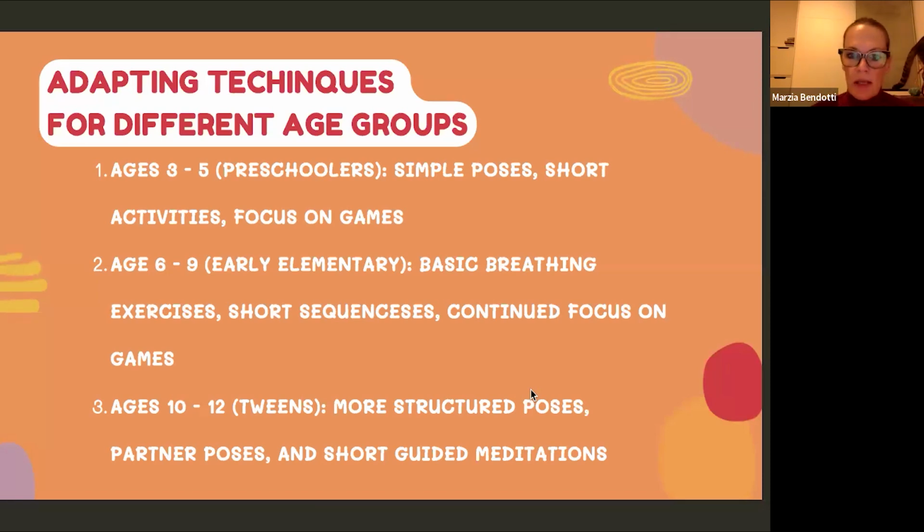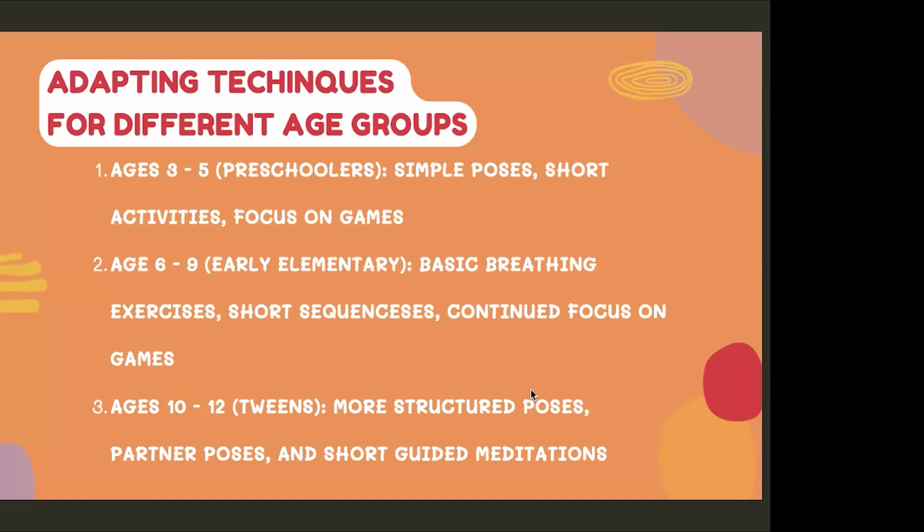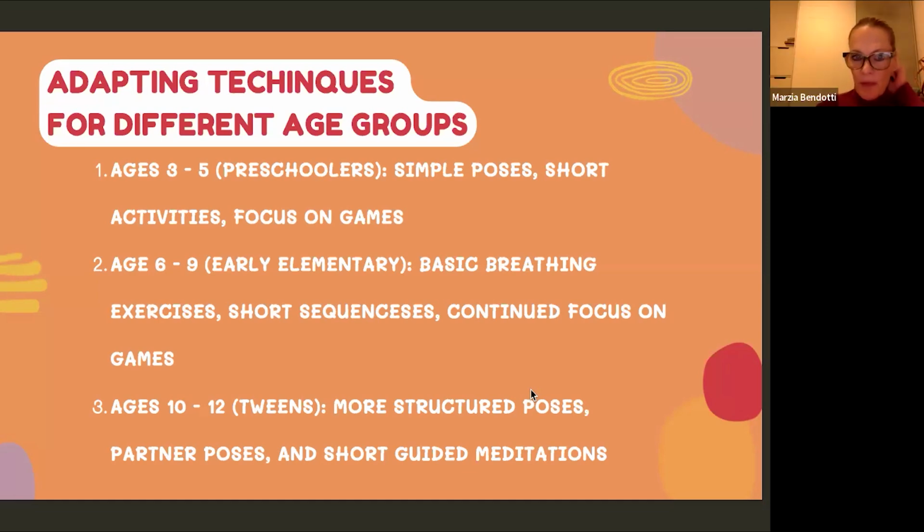They are ready for poses that require more strength, like warrior poses, for example. And from 10 to 12, they start appreciating partner poses, poses that they do in couple, in two. Here you can also start to introduce guided, simple, of course, guided meditations.